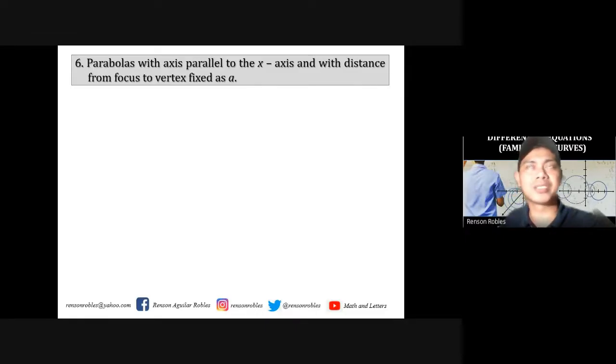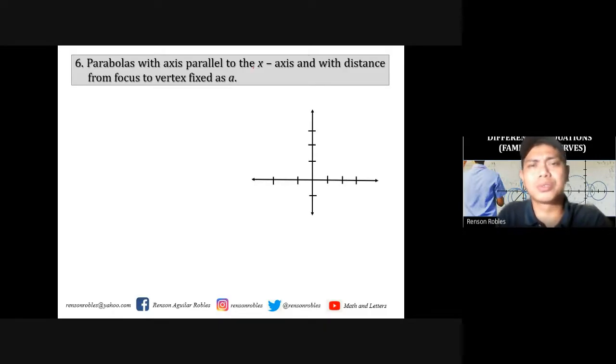Let's determine the differential equation for all the parabolas with axis parallel to the x-axis and with the distance from focus to vertex fixed as a. Let's illustrate it graphically. The keyword here is axis parallel to the x-axis. That means our parabola opens right or left.